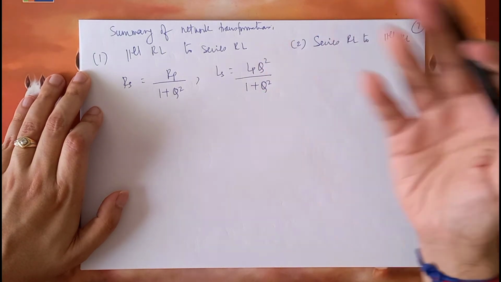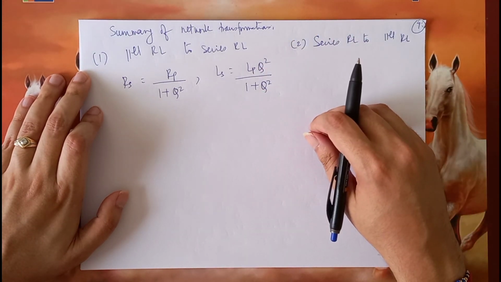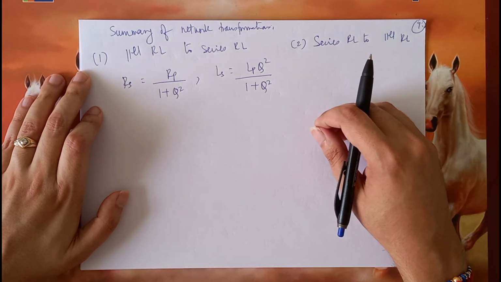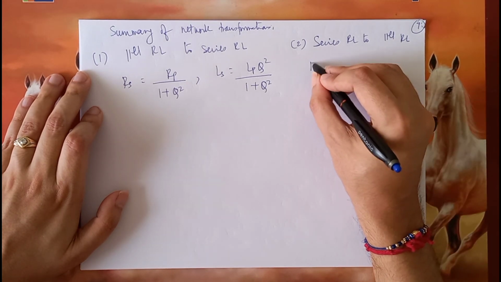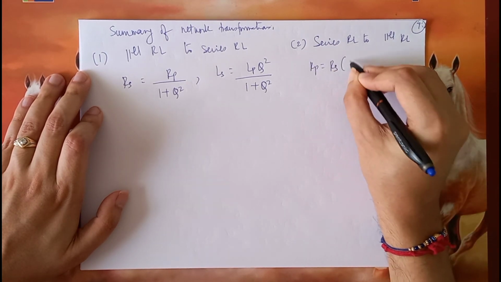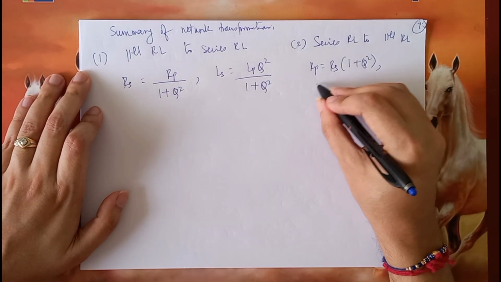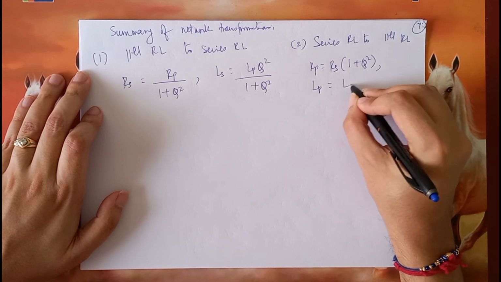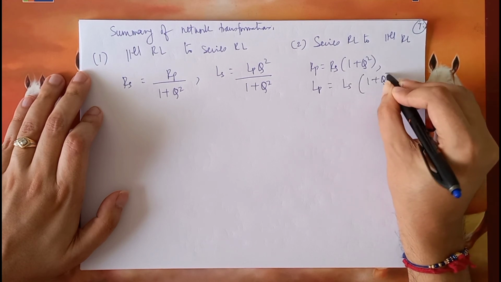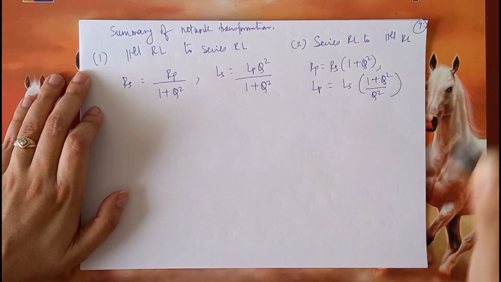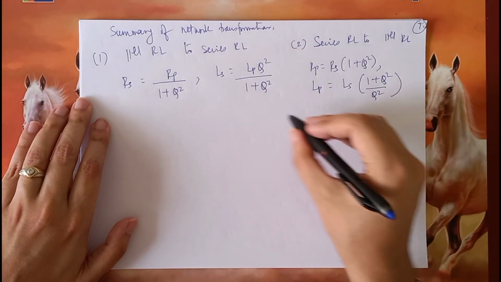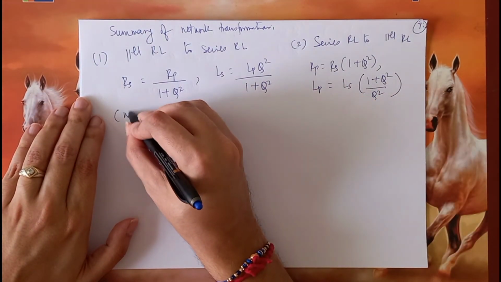And that is just the opposite. So in that case, Rp will be equal to Rs times 1 plus Q square and Lp will be equal to Ls times 1 plus Q square by Q square. So in both of these cases, you need a dummy capacitor.